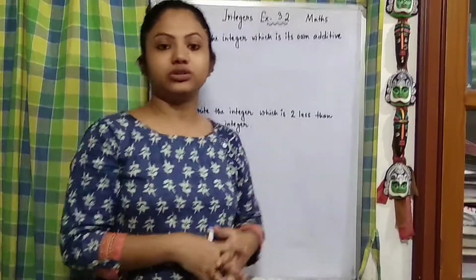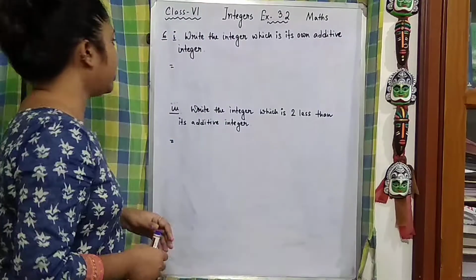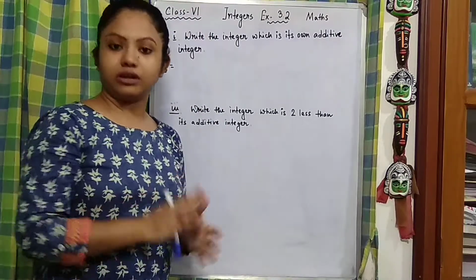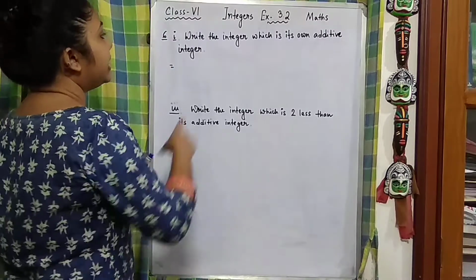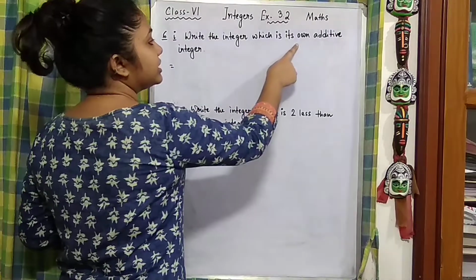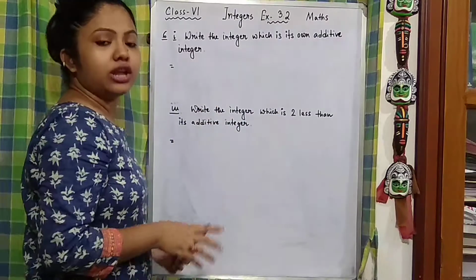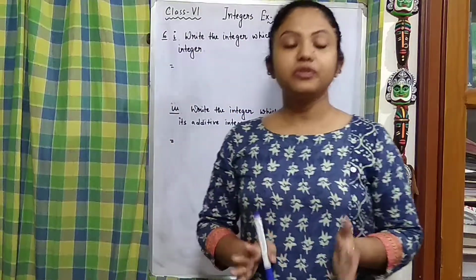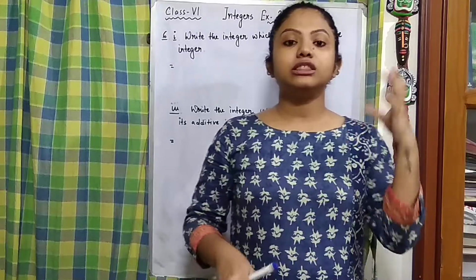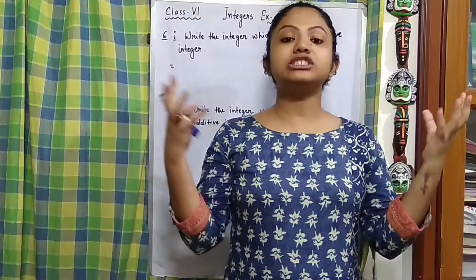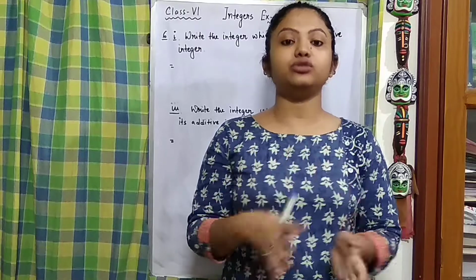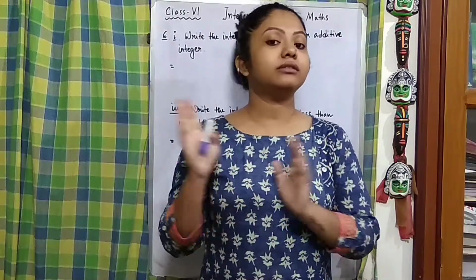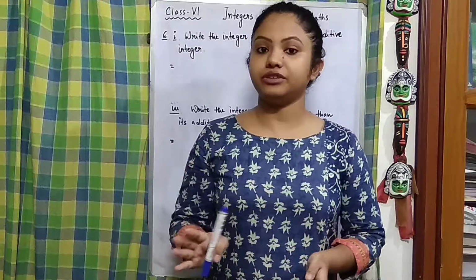Now coming to sum number 6. Number 1 of sum number 6 says, write the integer which is its own additive integer. Now we have understood what the additive integers are: the two numbers which interact together to give an answer of 0, other than by multiplication and division.